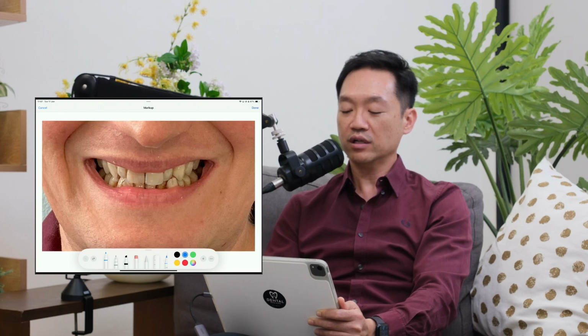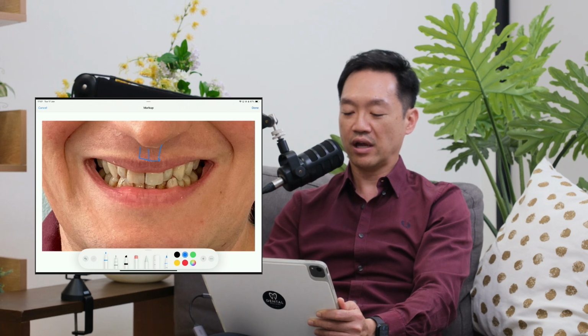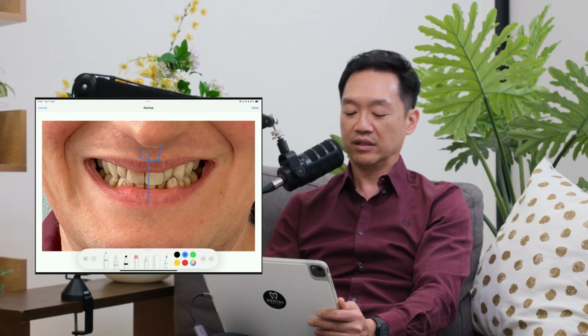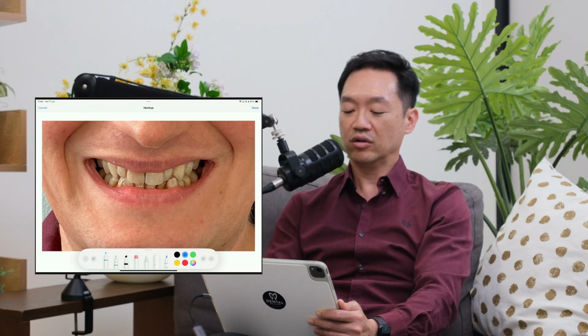Now, if we were to build the teeth in such a symmetrical way, we also look at the philtrum, which is the top lip, and we want the midline to be pretty exact right down here. In this case, the midline is slightly to one side, but the other thing is that the side part here is quite aligned.